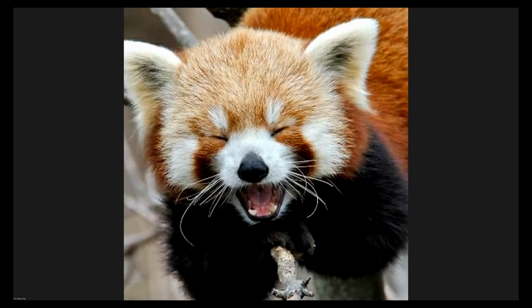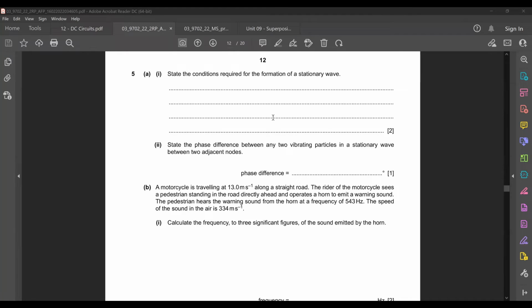Sorry, I accidentally deleted the screen share. Okay, so never mind. I'll calculate the frequency to 3 significant figures of the sound emitted by the horn. This one I know that f0 is vw over vw minus vs, times fs. fs is what I want to find, but I know everything else.